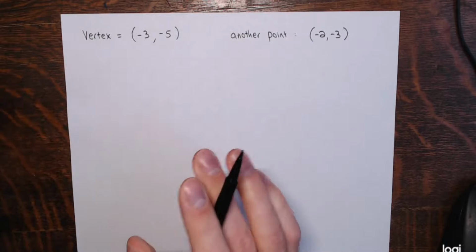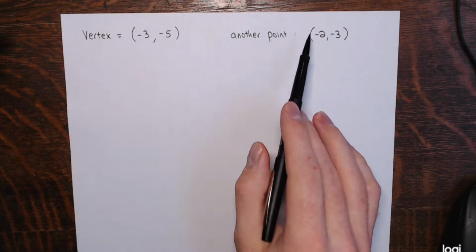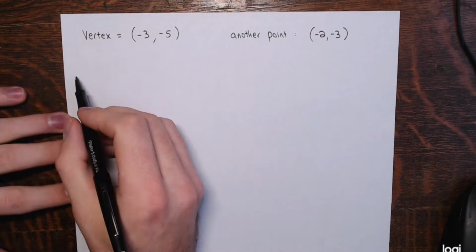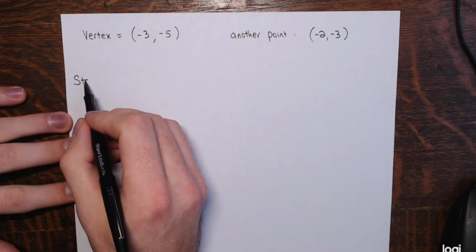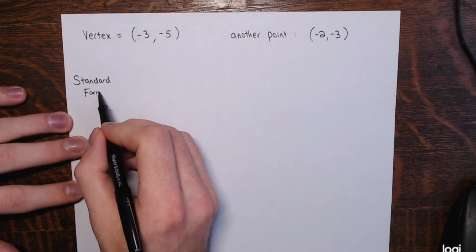And like I said a second ago, if you have the vertex and some other point, it's easiest to write the equation in standard form, or that vertex form. So I'll write that one more time here.